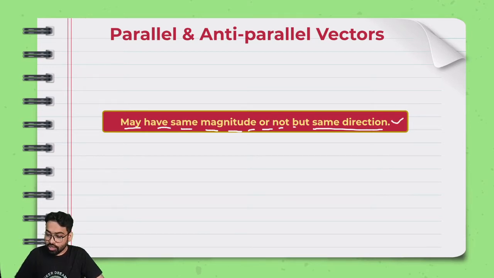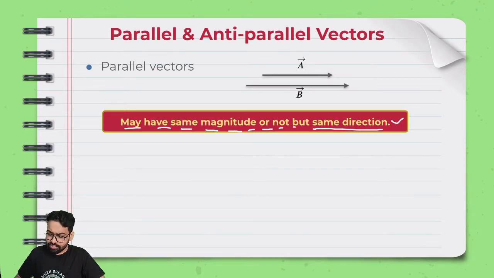So if I talk about parallel vectors, let us say these are two vectors a and b. This is a smaller length and this is a bigger length, which means that vector b has a greater magnitude and a has a lesser magnitude, because we already know the length of the vector represents its magnitude. So the magnitude might be different, but the direction of both of them is towards east.